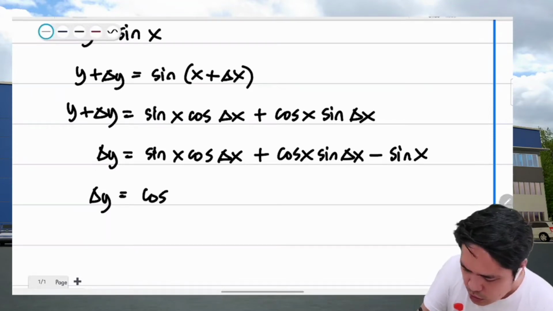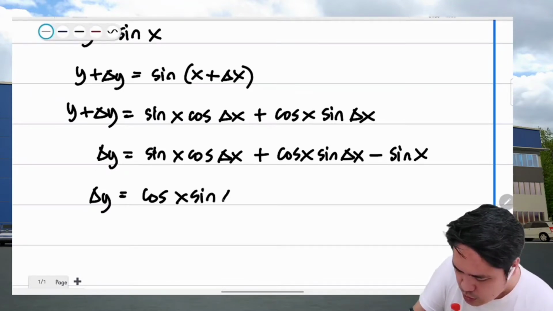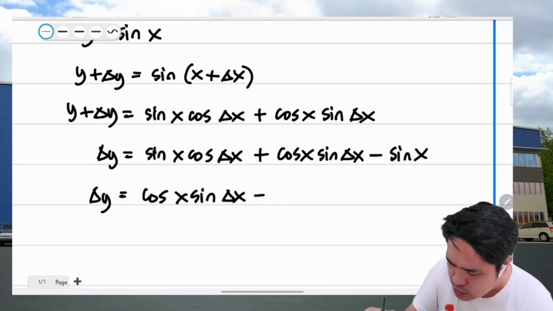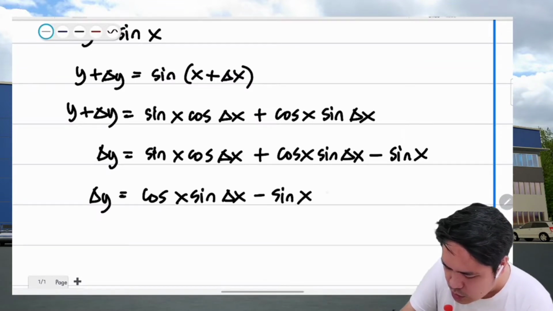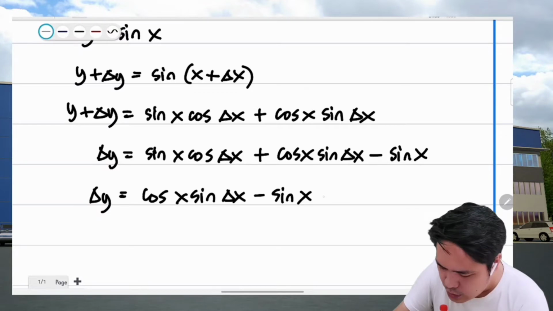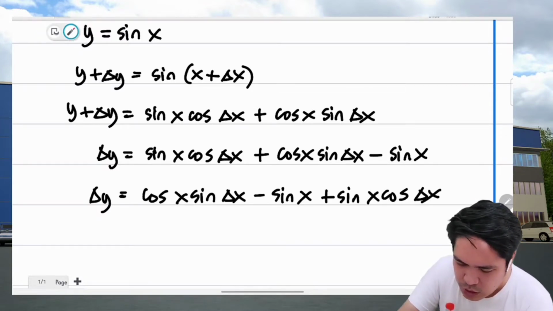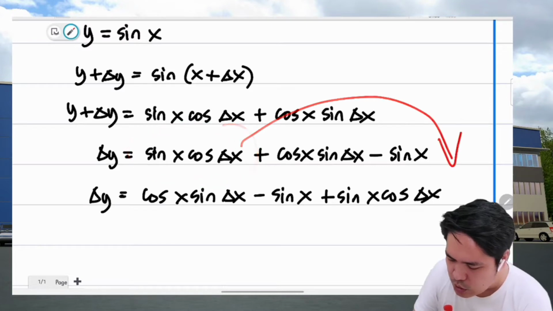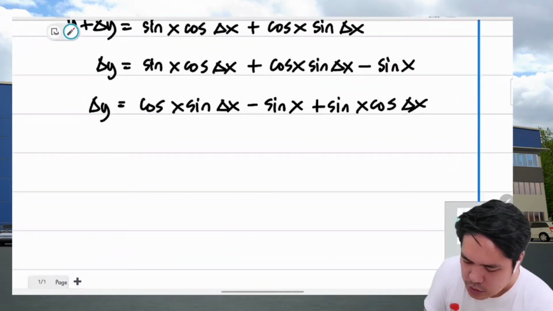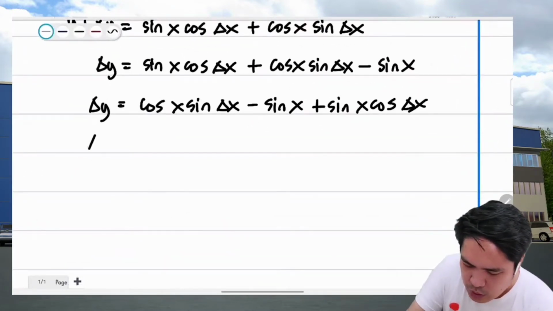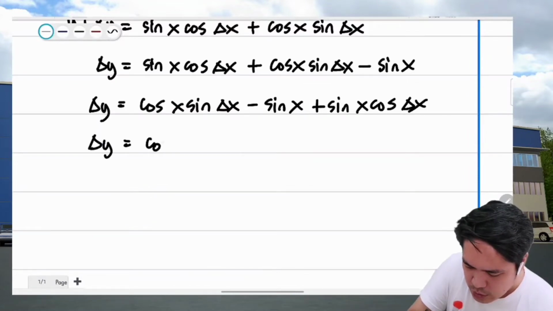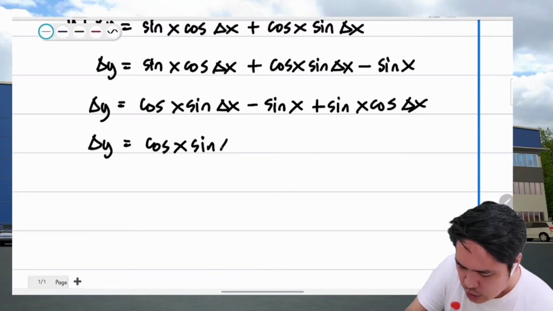Let's put the cosine x sine delta x first, then minus sine x plus sine x cosine delta x. Basically, I'm just rearranging, putting this one last. So we'll have delta y equal to cosine x sine delta x.